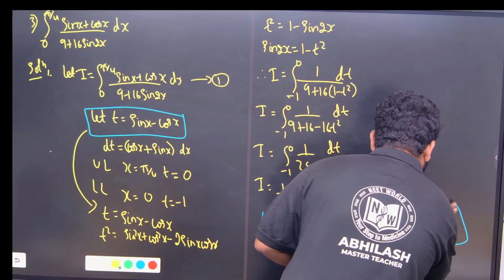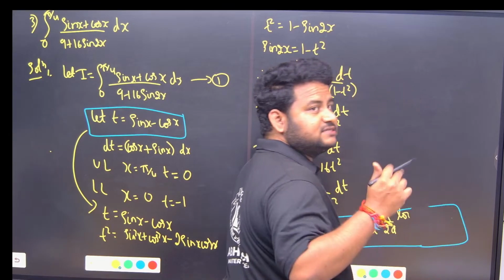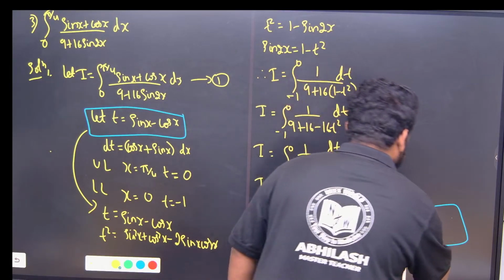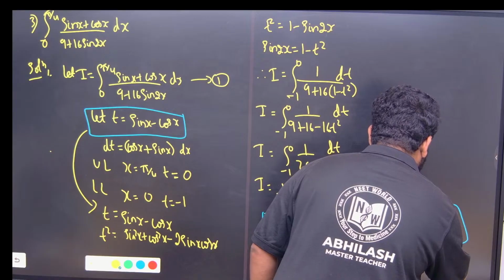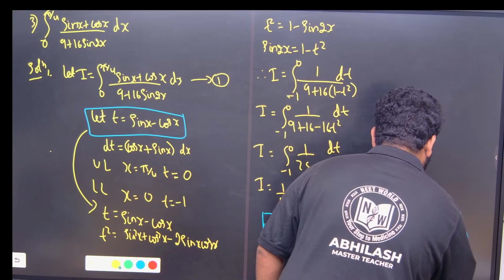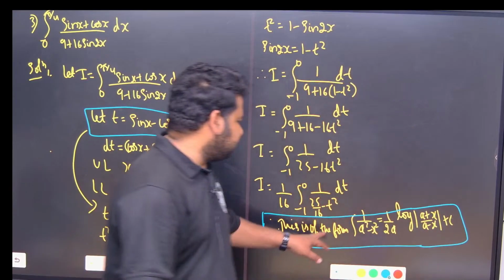Let me write it again. When it is x square minus a square, it is log of x minus a by x plus a. Here, make this change: log of a plus x by a minus x. Don't get confused with this. This is what we will be having when we talk about this.